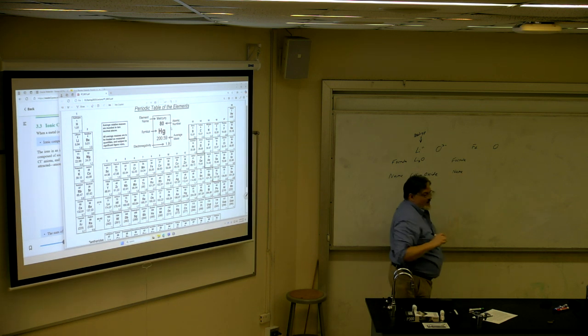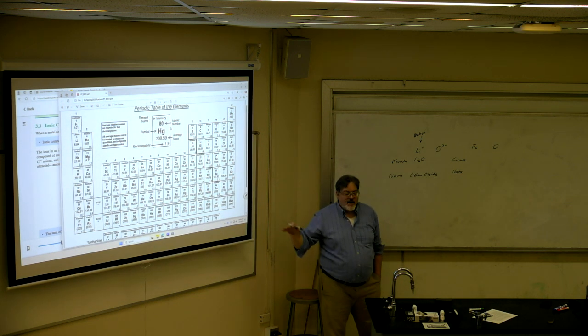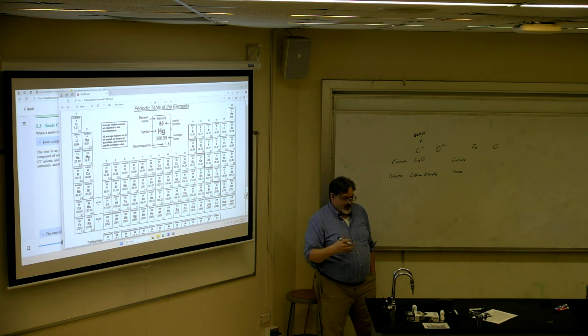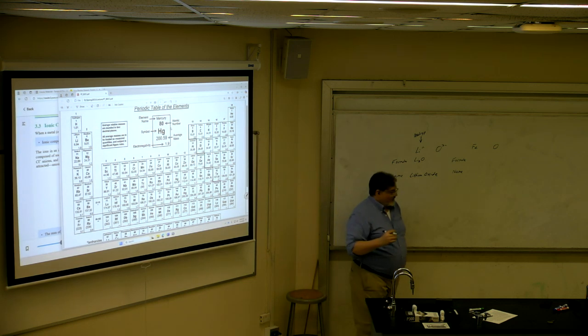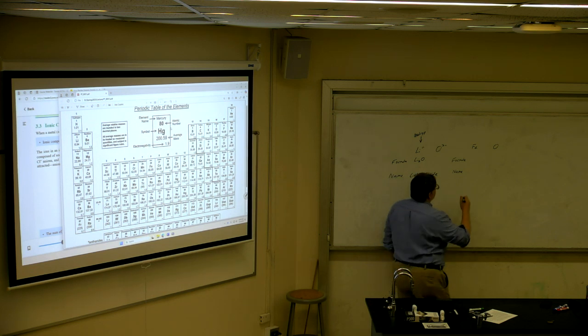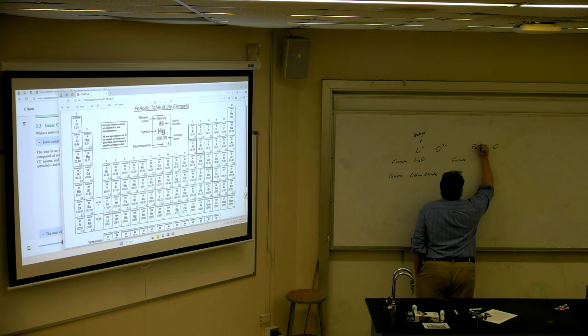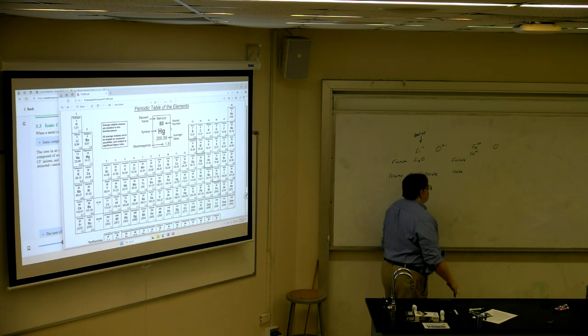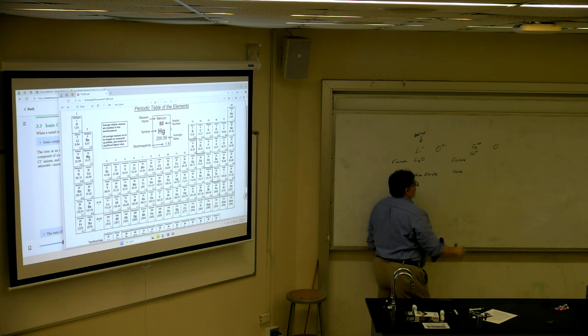And again, you don't have to memorize the various charges, like iron can be +3 or +2. You don't have to memorize that, you'll be told from context. But let me just point out, there's such a thing as iron 2+, and there's such a thing as iron 3+. So it has to be specified.